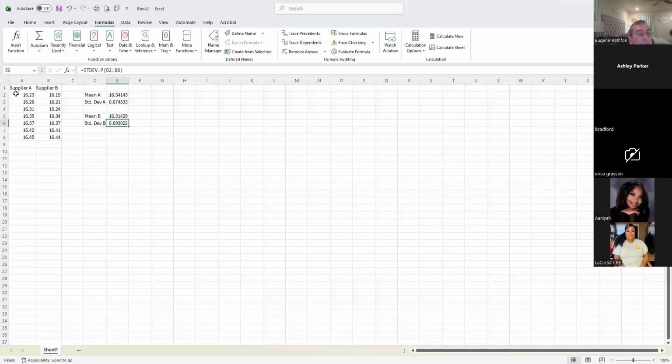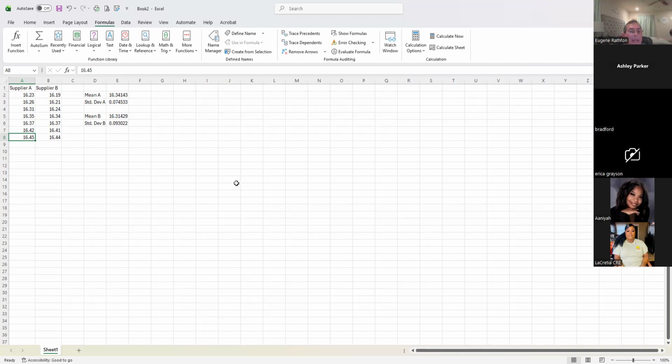All right, so my low value is going to be the 16.23. My high value is going to be the 16.45. Okay, so we got these in increasing order from small to high. So pick your low value and your high value.